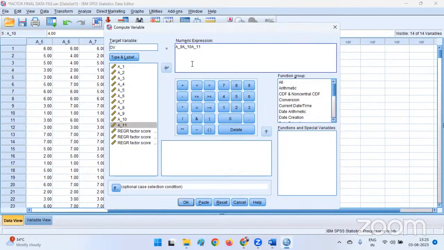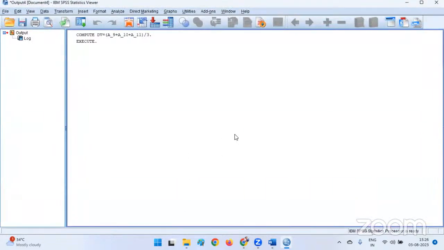We can take these from here, or do it manually: adding these 3 and dividing by 3. Simply press OK.